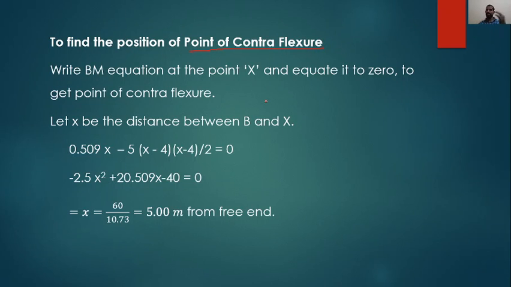It is a point where the bending moment changes its sign from positive to negative or vice versa, and therefore the bending moment at the point of contraflexure will be 0.